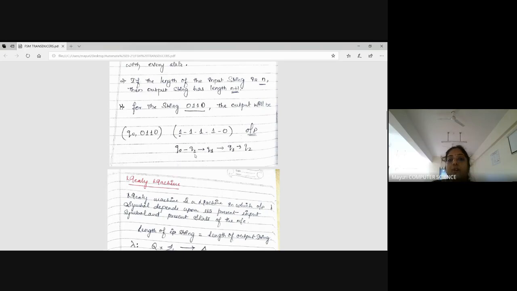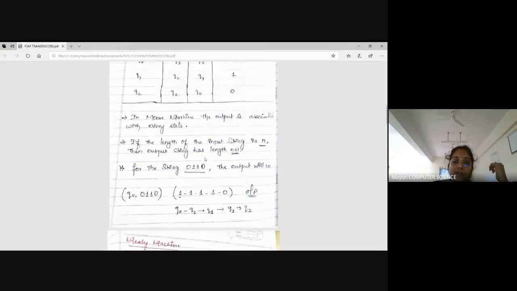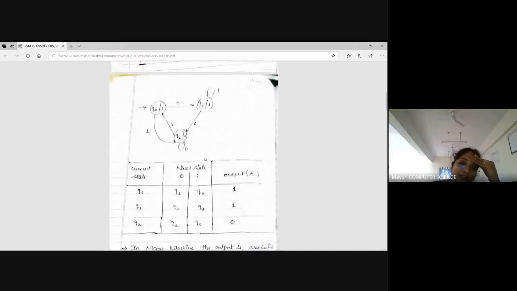The output of Q1 state is 1. Then from Q1, the next input symbol is 1. Q1 on 1, I'm going to Q1 only again, which is there in the representation I have written on the state diagram.